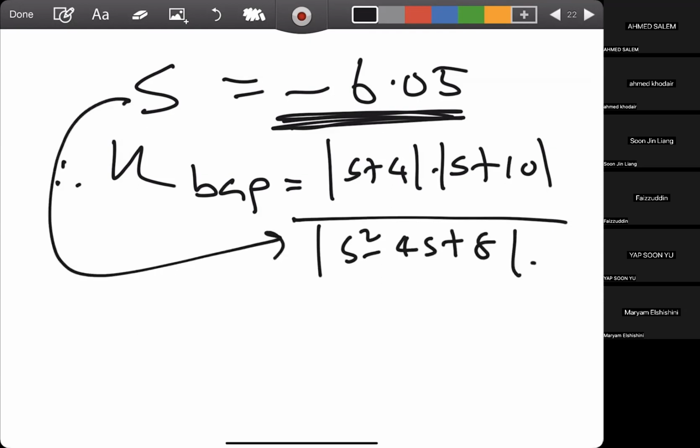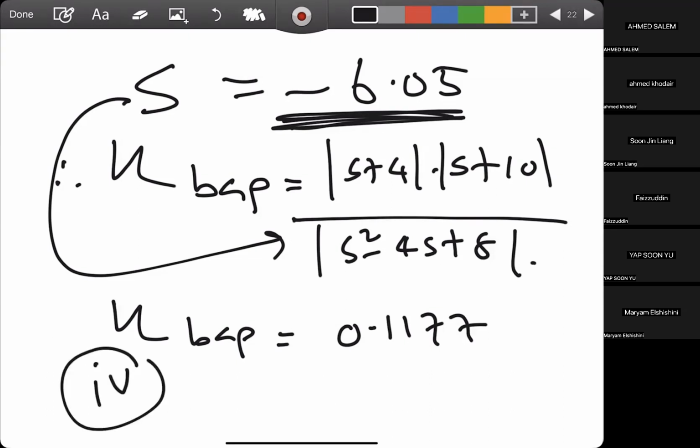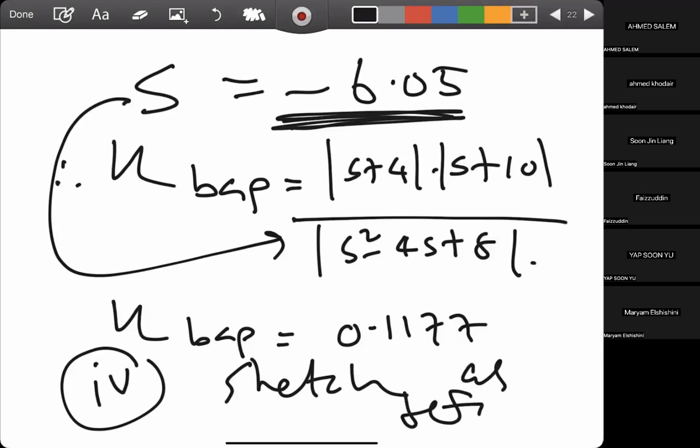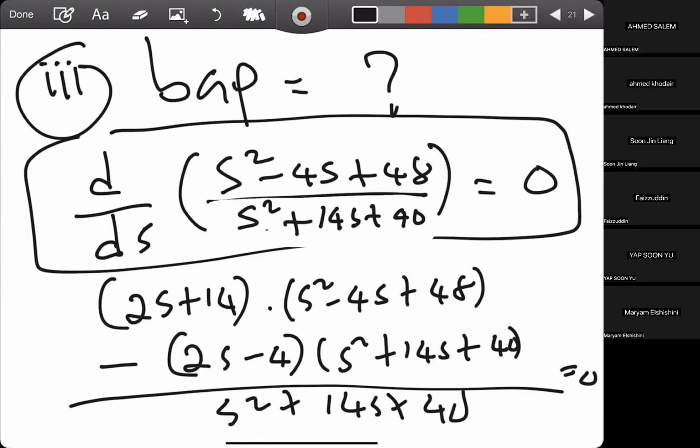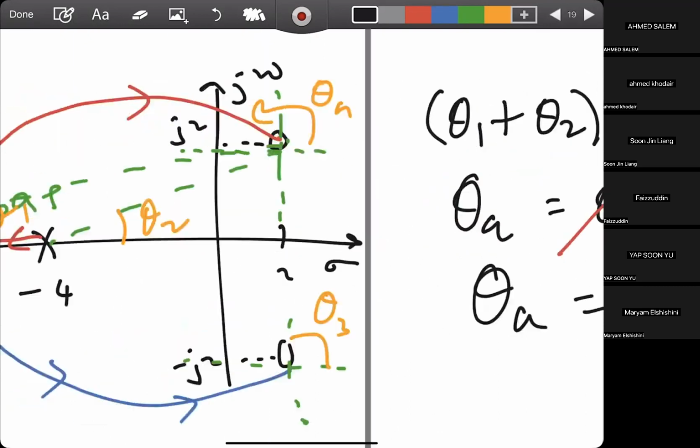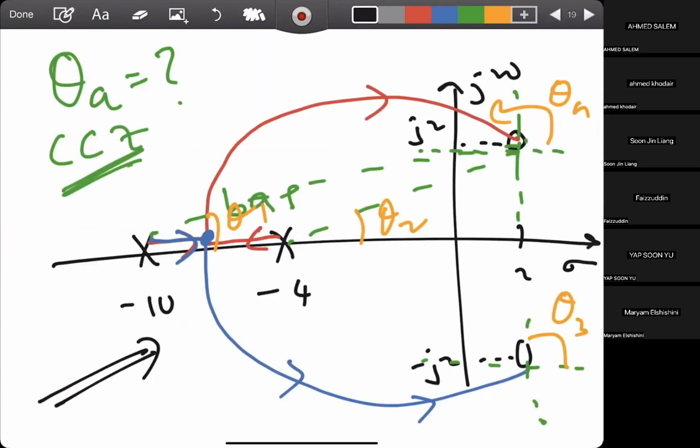Insert this value inside the formula of gain. So you will get 0.1177. Okay. So the sketch is as before, which is this one. The sketch. That is part number 4.